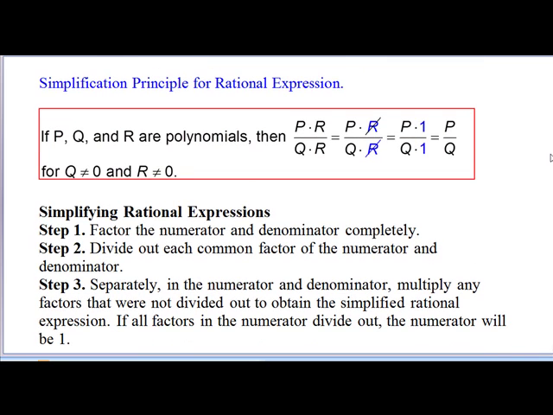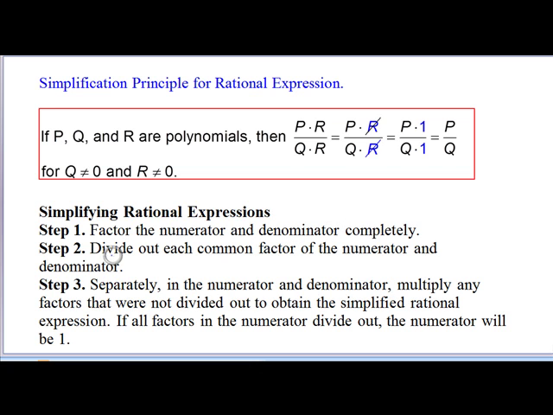Now, these are 3 steps that we need to use to help us simplify a rational expression. Step 1, we need to factor the numerator and the denominator completely.